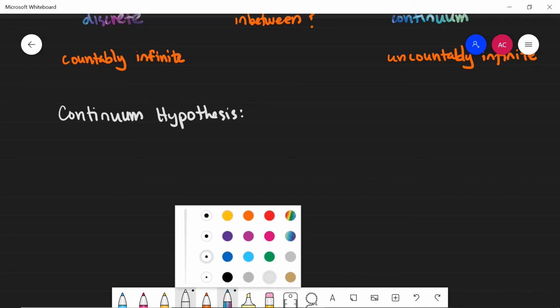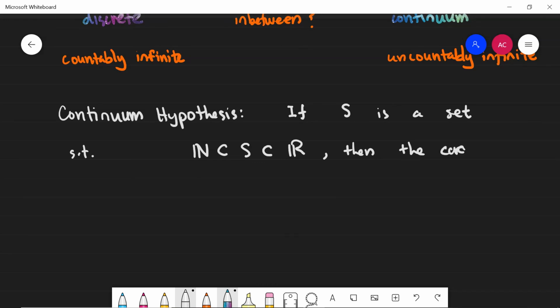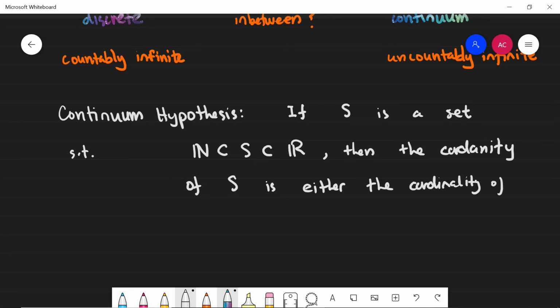It says the following: if S is a set that contains the naturals and is contained in the set of real numbers, then the cardinality of S is either the cardinality of N or the cardinality of R. In other words, the continuum hypothesis asserts that there is nothing in between the cardinality of N and the cardinality of R.